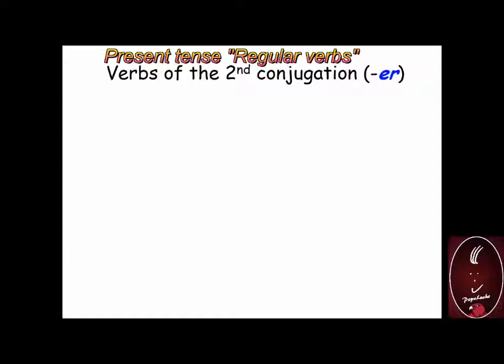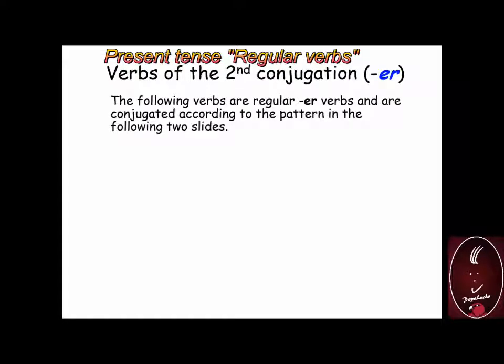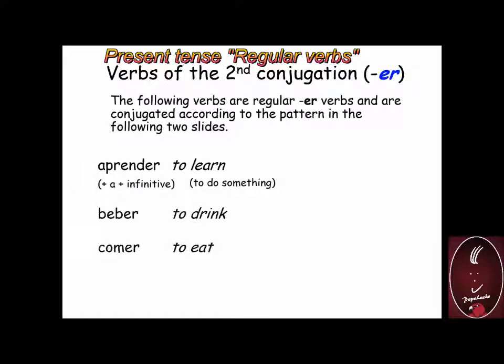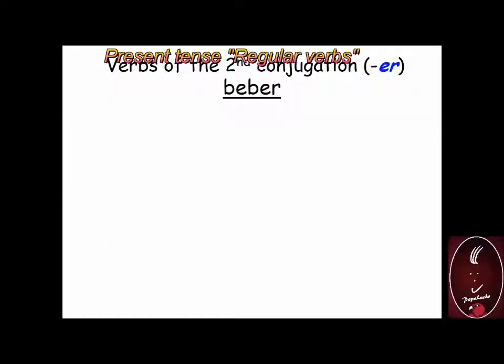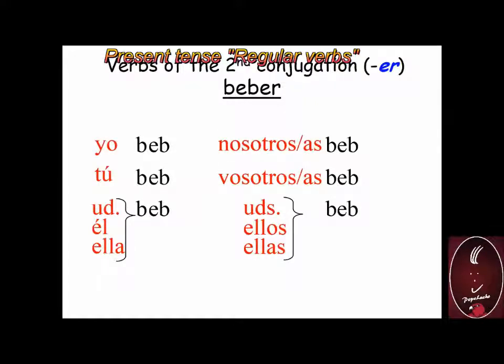So let's start with the second group, ER verbs. Some examples of those are aprender, beber, comer, creer, leer, vender. Let's use this verb, beber. Drop the ending, what is left is the stem. The subject pronouns and the endings to conjugate the verb, to know who is doing the action.